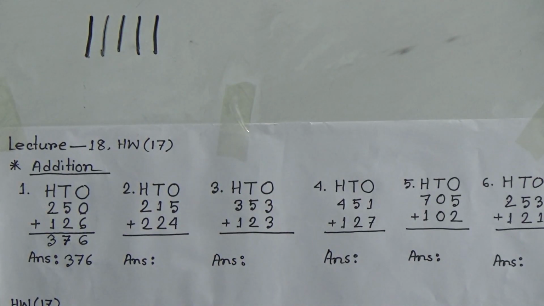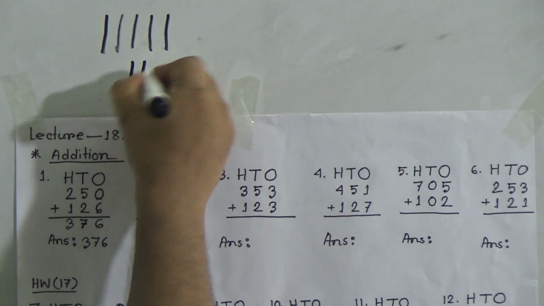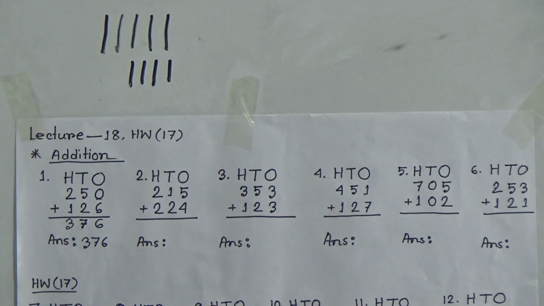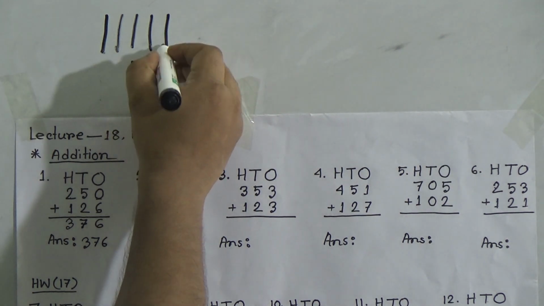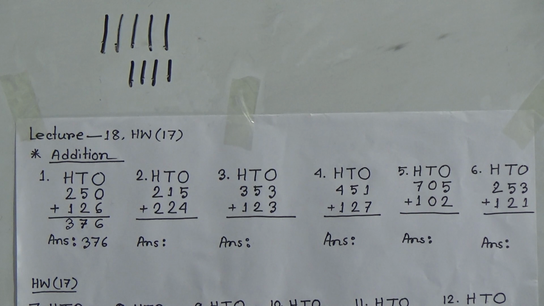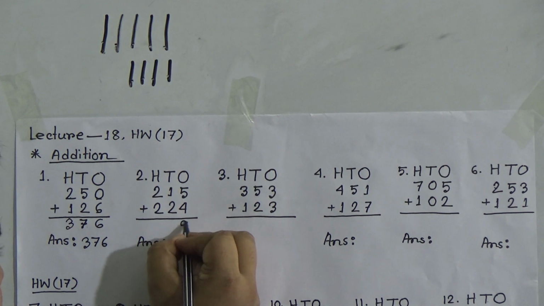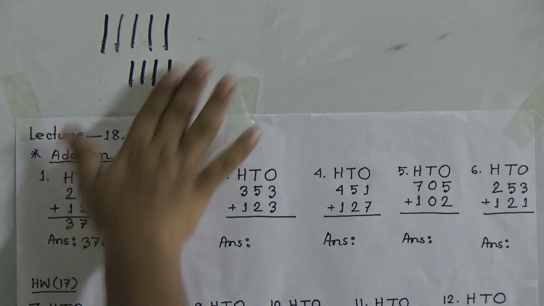Then 4 means 4 sticks, 1, 2, 3, 4. Now we count in total how many sticks there are: 1, 2, 3, 4, 5, 6, 7, 8, 9. Sorry, on the board there are 9 sticks. So I write 9 here. So ones place digits are done.